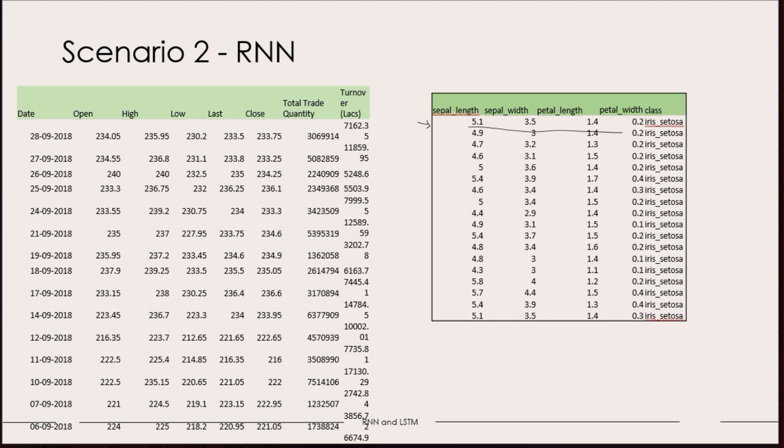But if I come to my scenario number two data, here the other features are not much relevant as far as prediction of the closing price or the last price is concerned, because they are time series data, meaning its last value will depend on what its value was in a previous timeline, and the previous will depend upon its previous timeline data.